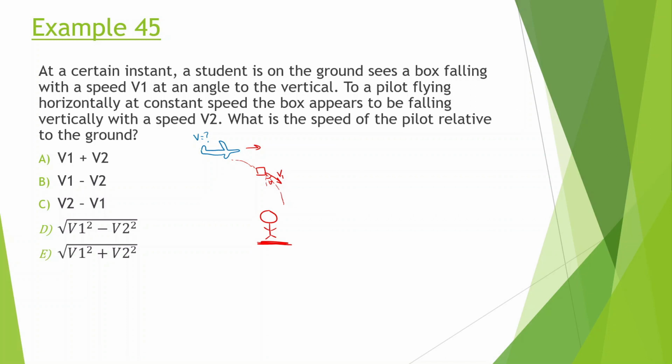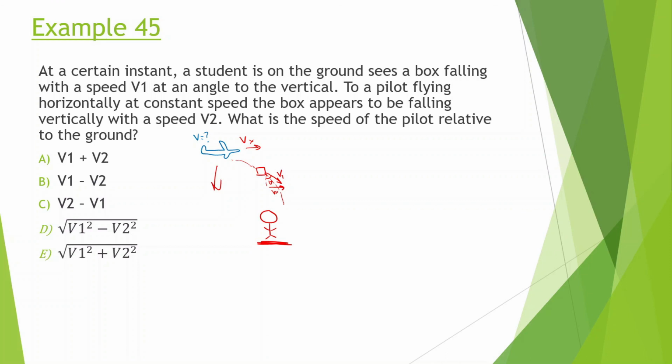Okay, so what we should know is if this pilot sees the box only going vertically down, what that means is the velocity of this box, let's just call that the vx, is the same as the velocity of the pilot. Okay, so these two are the same.